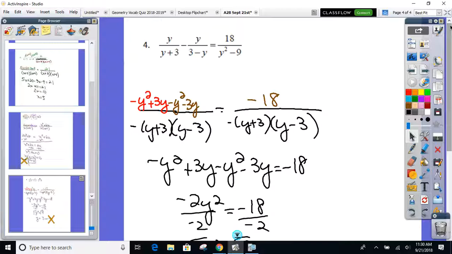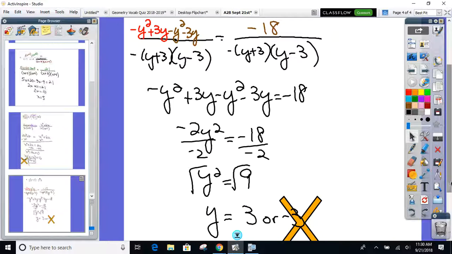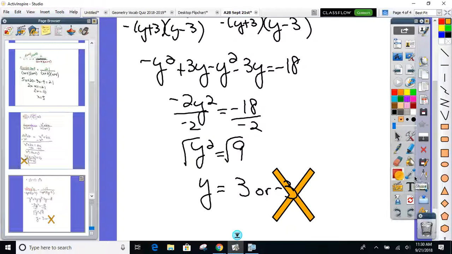I also got y equals 3 as an answer. Problem? Where? Plug in 3 here. What do you get? Can you have that? Oh boy, what do we do now? We just did all that hard work and we rejected both our answers.